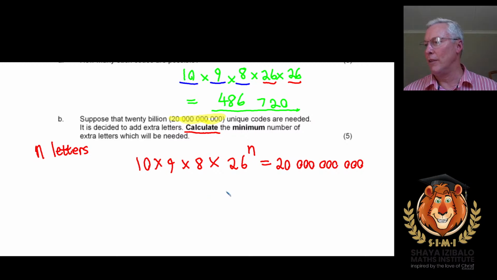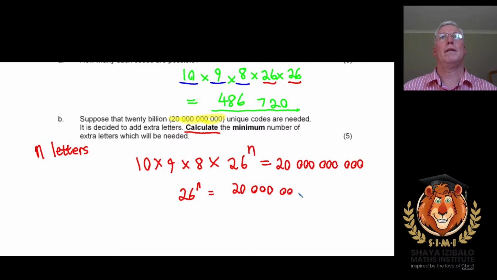And what do you think we're going to use to solve this? Indeed, we're going to use log. We're going to firstly divide both sides by 10 times 9 times 8. So 26 to the n is going to be 20 billion over 10 times 9 times 8.